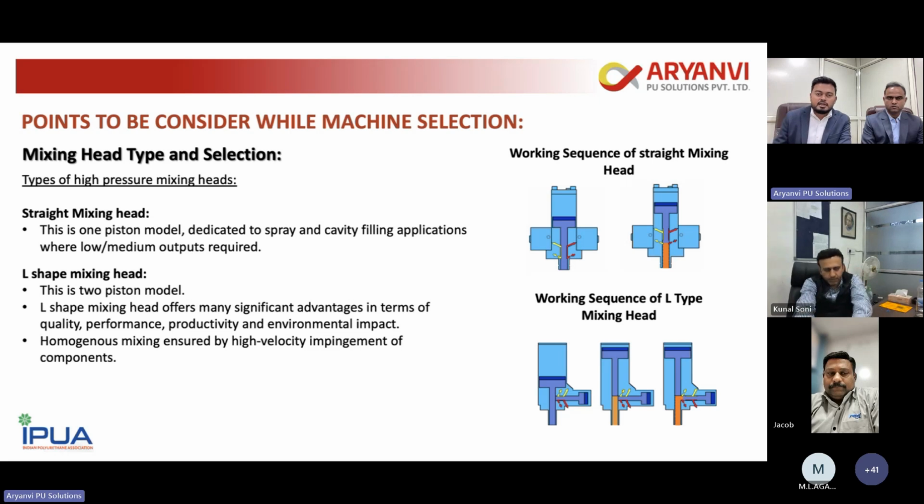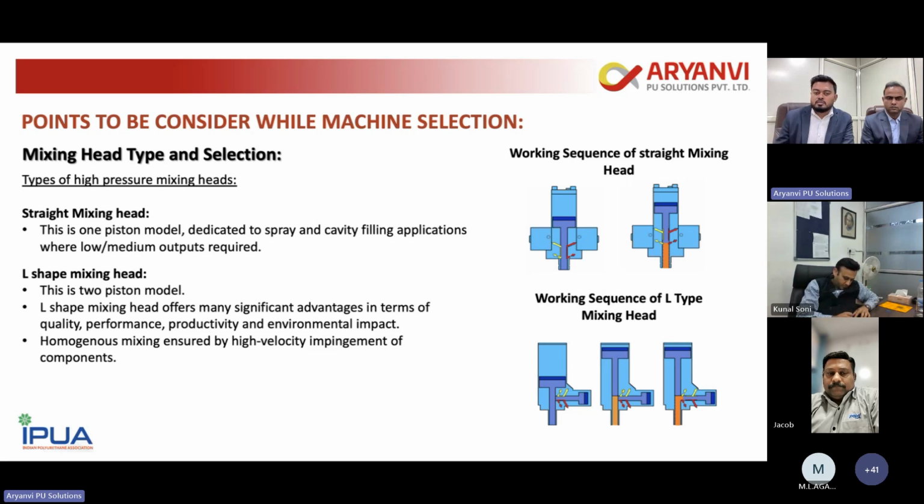Also, for panels, we recommend the L-type mixing head when it is not only cavity filling and you want to produce long panels or thicker panels. This L-type mixing head ensures high quality of the panel or your end product.